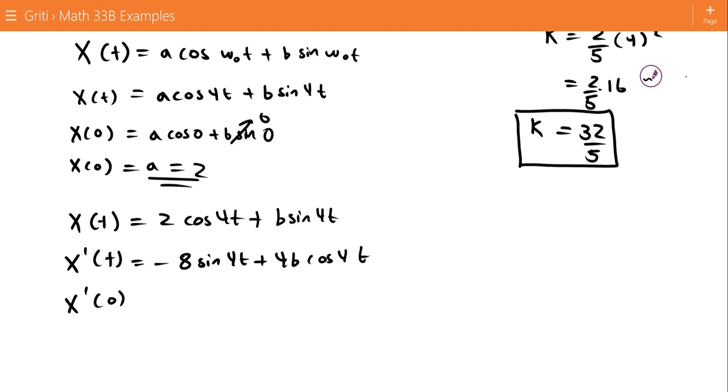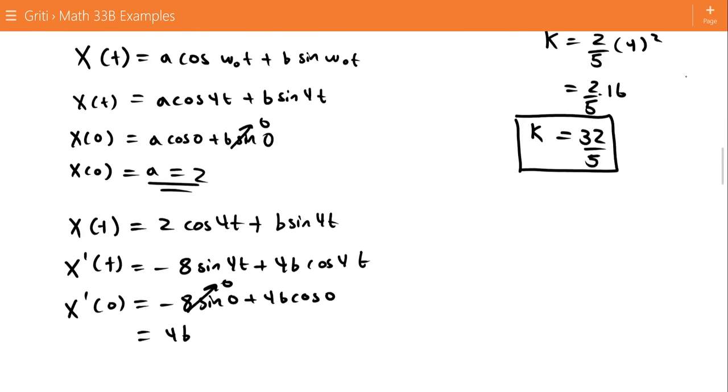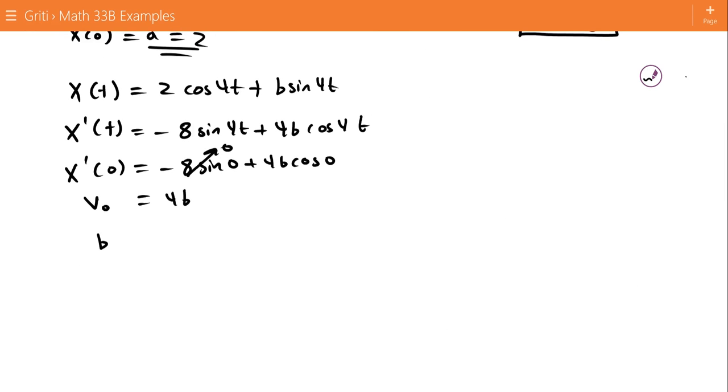If we plug in 0 for this, we get negative 8 sine 0 plus 4b cosine 0. This goes to 0. Cosine 0 is 1. We're told that x prime of 0 is equal to the initial velocity. So the initial velocity equals 4b. That gives us b equals the initial velocity divided by 4.